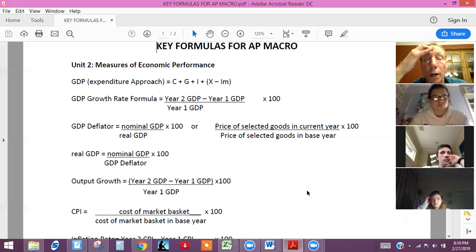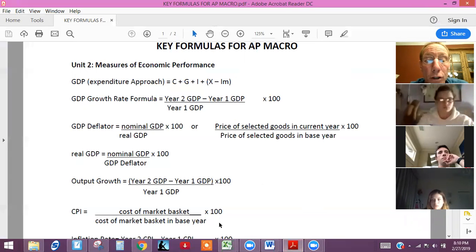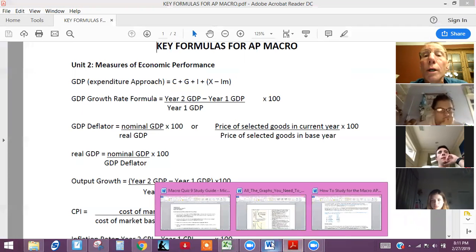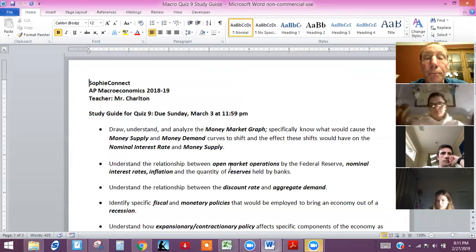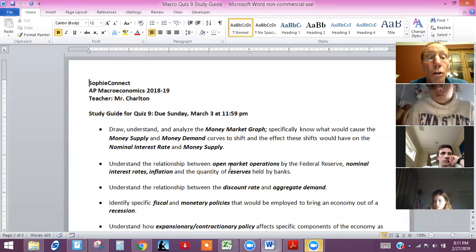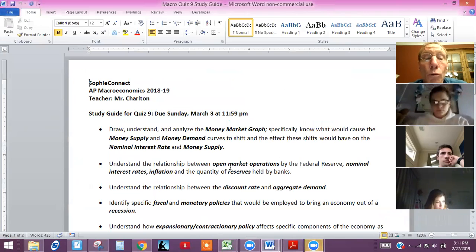Okay. And a big part of quiz 9 is using these graphs and using these formulas. So, quiz 9. Okay, so we're recording. I'll make sure. Quiz 9, which is right here. So the first thing is you're going to want to draw, understand, and analyze a money market graph.